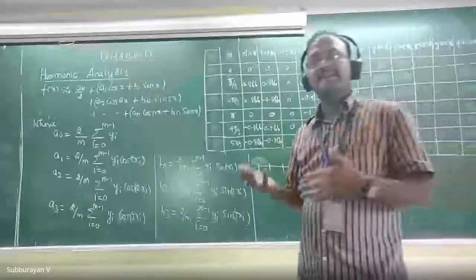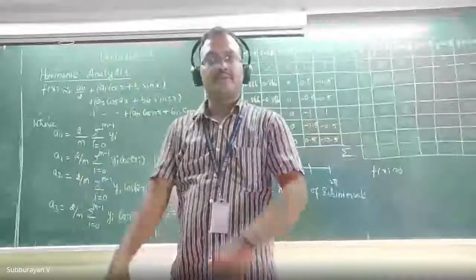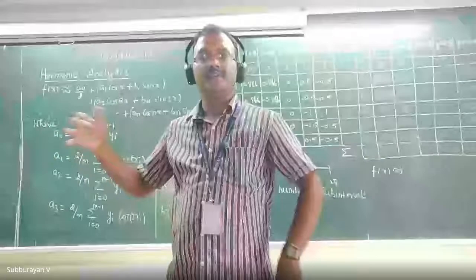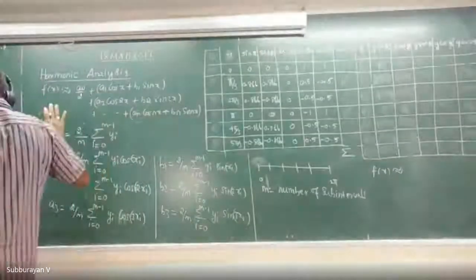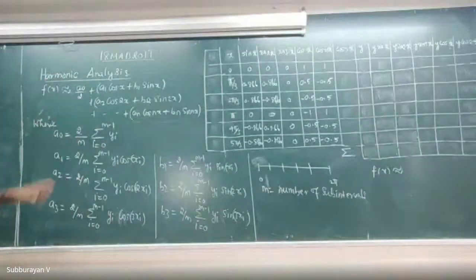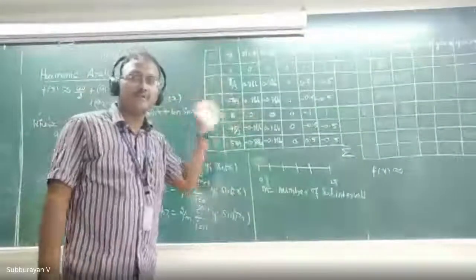Now one can extend this discrete data into a continuous function by using trigonometric series or Fourier series expansion. This is an application point of view. One can extend a discrete set of data into a continuous function through Fourier series.